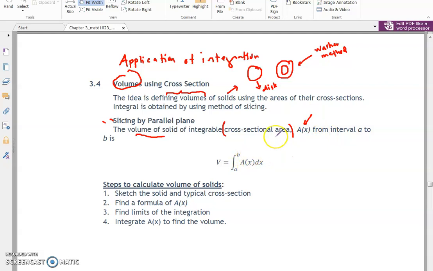A here refers to the function of your area with respect to x or y. So it's not necessarily A(x), sometimes it can be A(y), depending on how you do the slicing part. I'm going to also explain it by using examples.